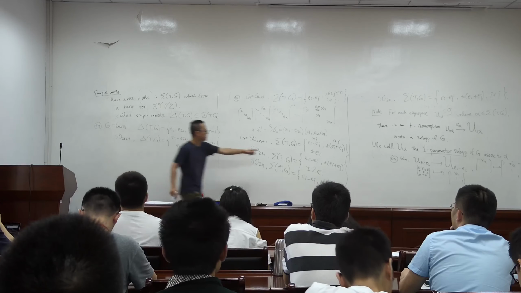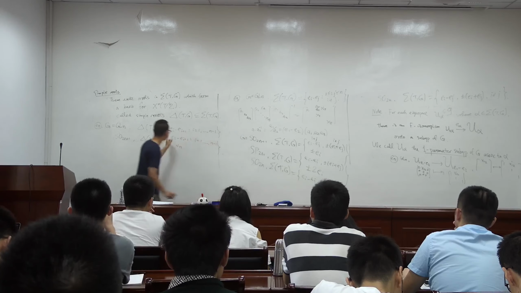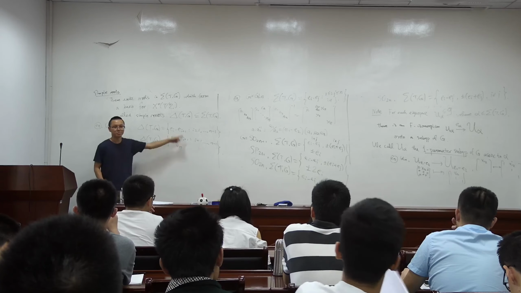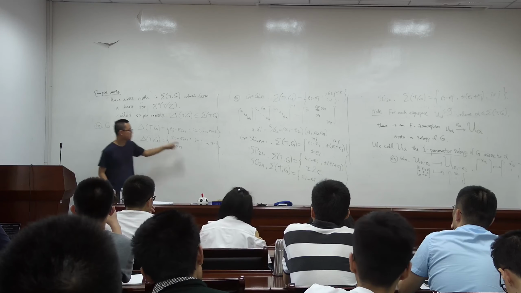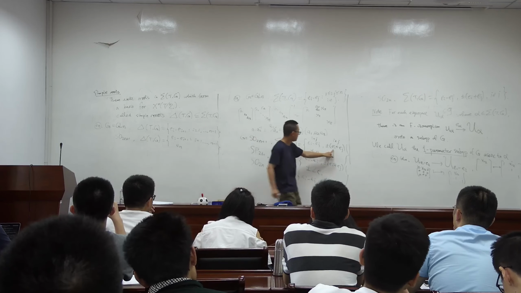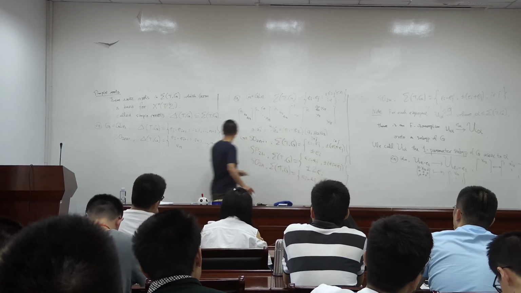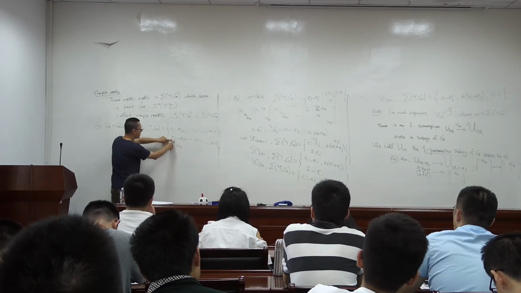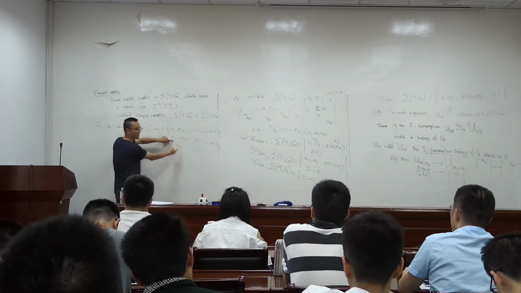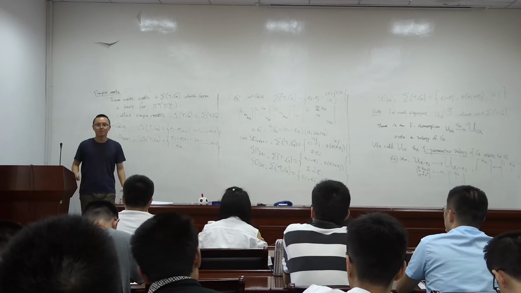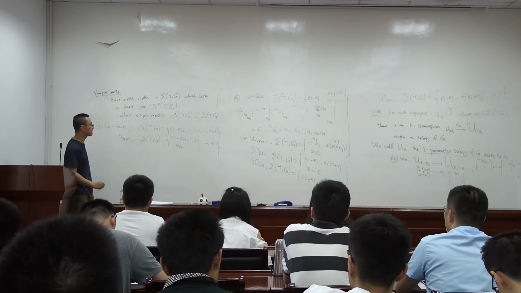You can check any root here is a linear combination of these n simple roots. For example, if you want e_{n-1} plus e_n, then that is e_{n-1} minus e_n plus 2e_n. I leave it for you to check.